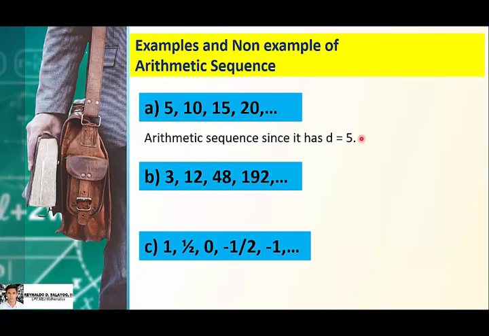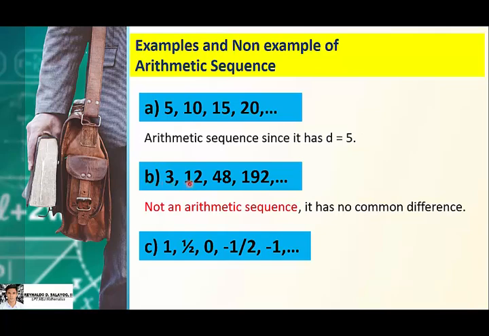Considering our second example, we got here B: 3, 12, 48, and 192. In this second number sequence, as you observe, we cannot see an equal difference because when we subtract 3 from 12, we will obtain 9.